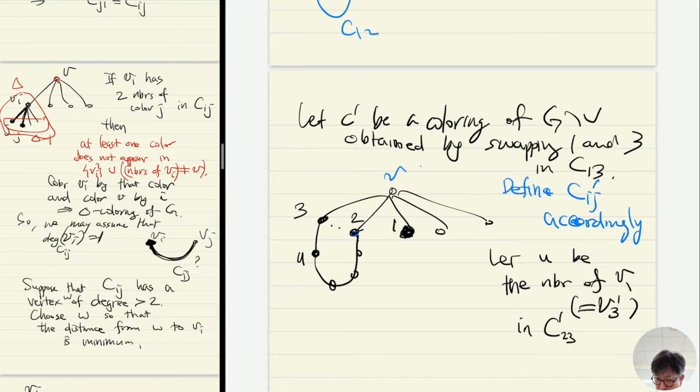Actually, it's C12. Yeah, I used to have this C12, so this is 2, 1, 2, 1. Previously this used to exist.